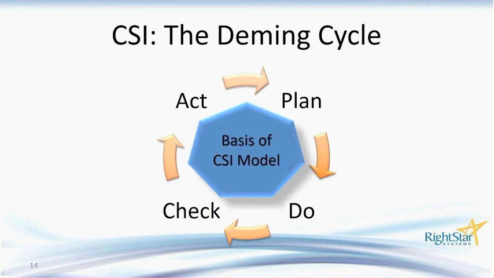It is the basis of the CSI model, and you can see the similarities to the sprints and the Scrum Lifecycle that I mentioned earlier. We start with planning, we implement, we review or check, and then based on that, we take corrective action, and the cycle starts all over again. The idea is not that we come in, we implement this monolithic ITIL framework, and then we're done.